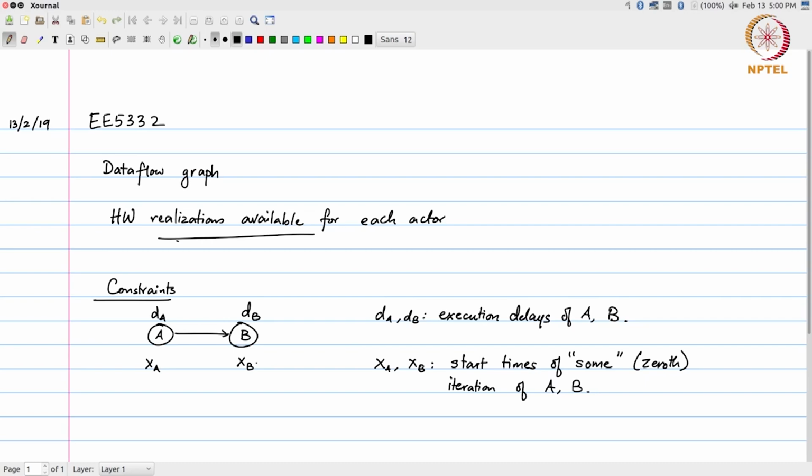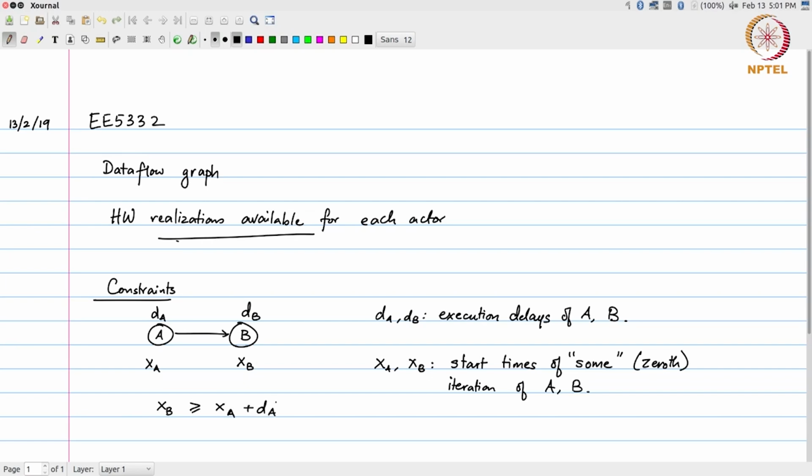Okay? So we can go one step further and we can make a stronger statement. Not only is it that XB must be greater than XA, XB must be greater than XA plus DA, right? It has to wait until A has finished. Okay? So we can basically write down this statement over here, XB is greater than or equal to XA plus DA.